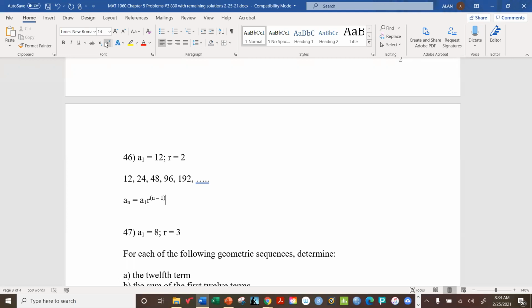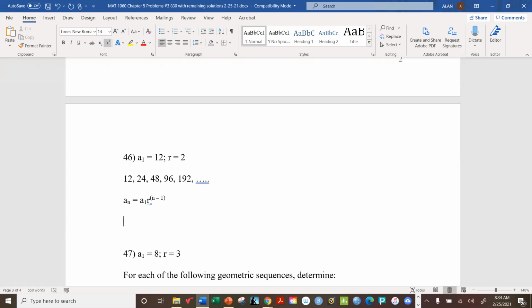So in this case, we're looking for the 12th term, so we're looking at A_12. The first term is 12, the common ratio is 2, and the exponent is 12 minus 1. So it's 12 times 2 to the 11th.